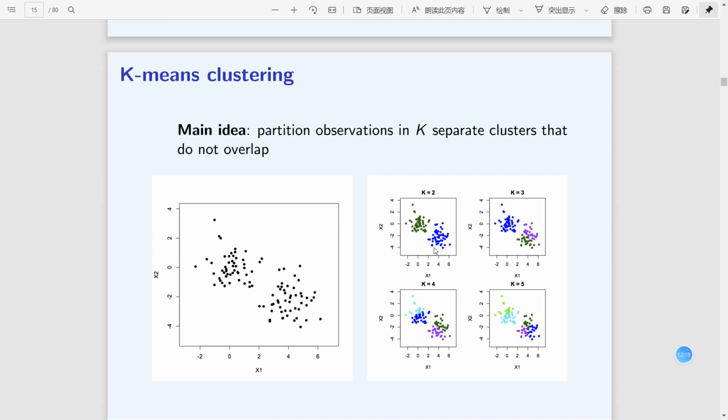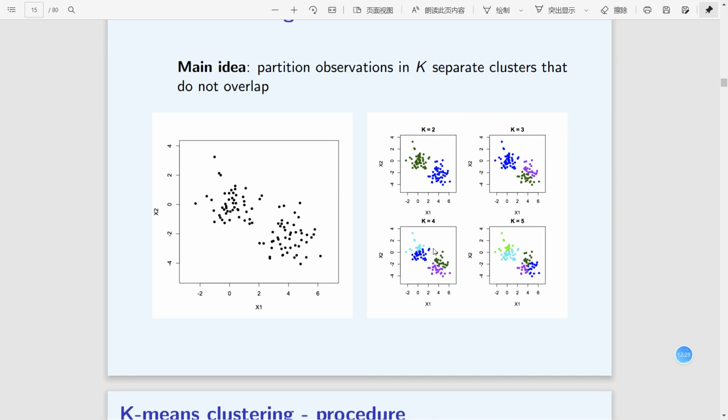The principle of K-means clustering is to divide observations into a number of spaces that do not overlap. In reality, in some research, clusters can overlap, but that is out of scope for this video. So basically, we have one two-dimensional data set.